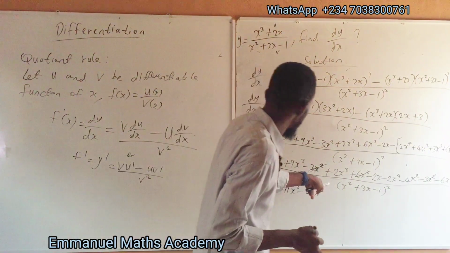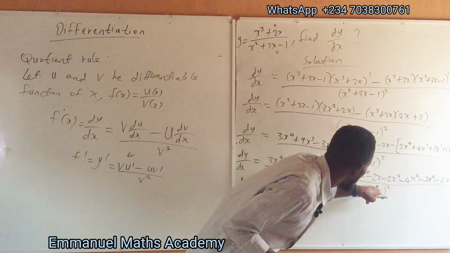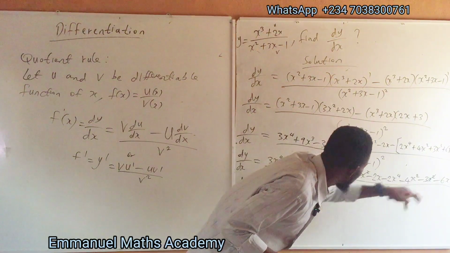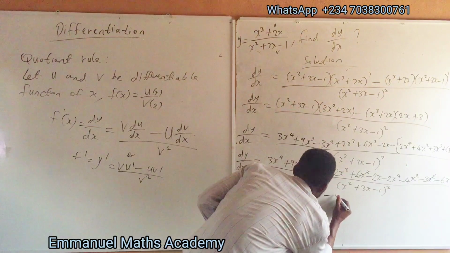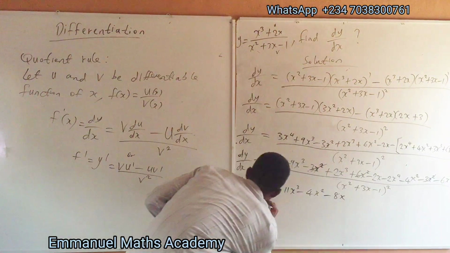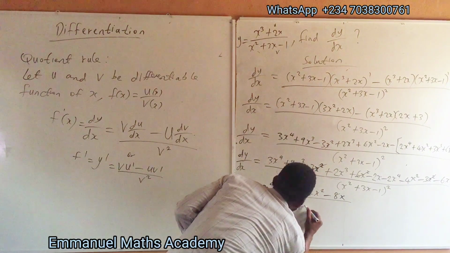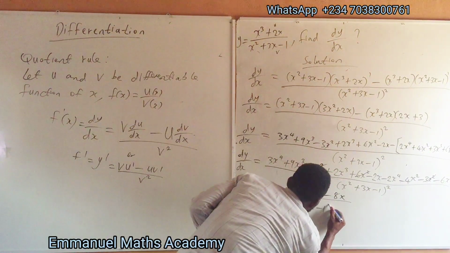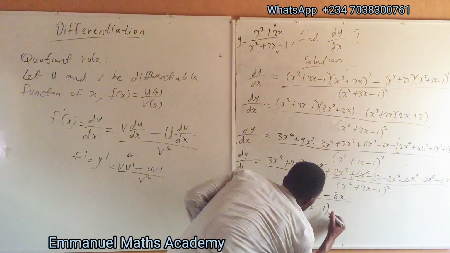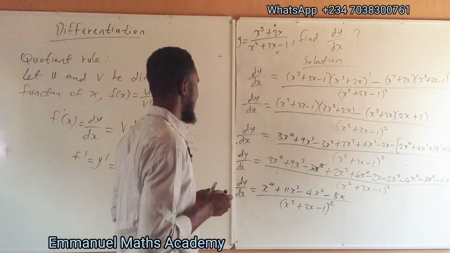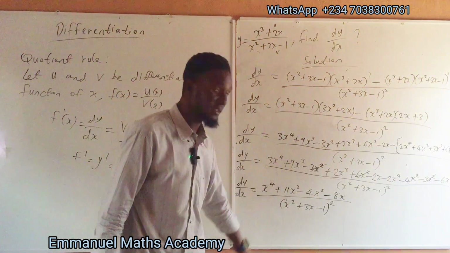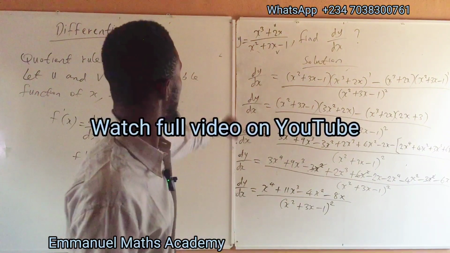Now, for x, you have minus 2x minus 6x, which is equal to minus 8x. All over what? (x^2 + 3x - 1)^2. Now, this is your dy/dx. This is the derivative of this.